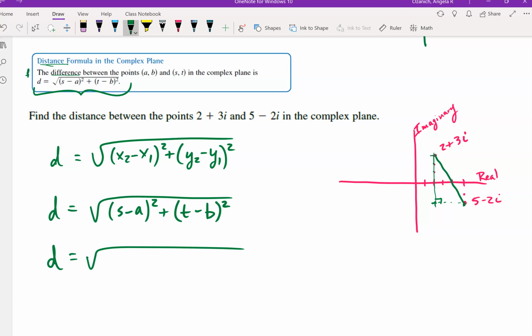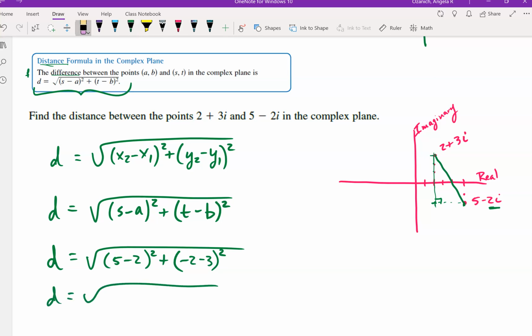I'm going to grab the real stuff here, and I'm going to say 5 minus 2 squared plus, and then I'm going to grab the imaginary stuff again starting here: negative 2 minus 3 squared. We'll just keep rolling with our algebra at this point.